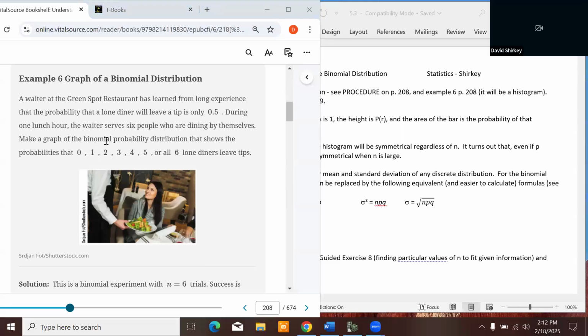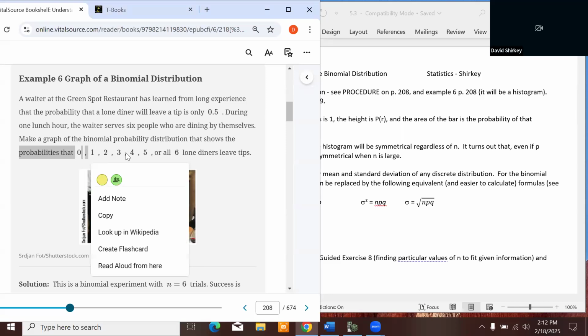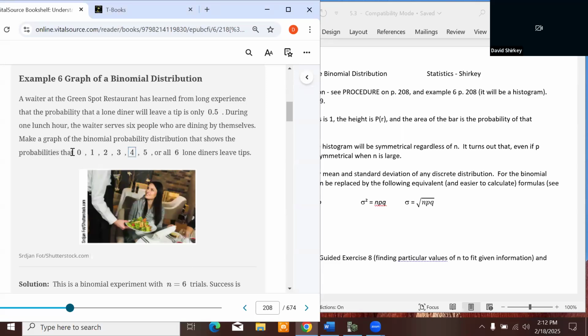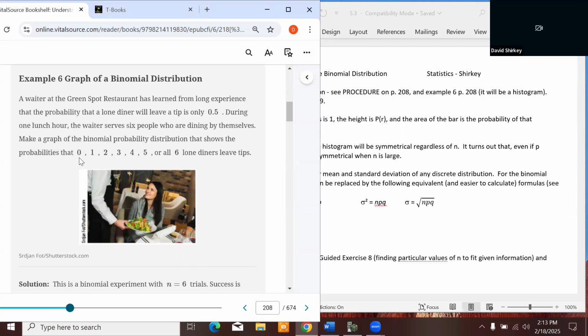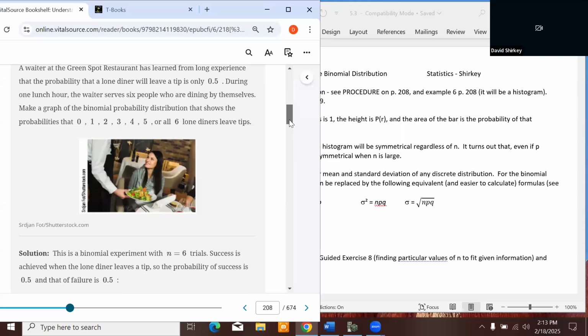Make a graph of the binomial probability distribution that shows the probabilities that 0, 1, 2, 3, 4, 5, or all 6 of the lone diners leave tips. So we're looking at 0, 1, 2, 3, 4, 5, 6.